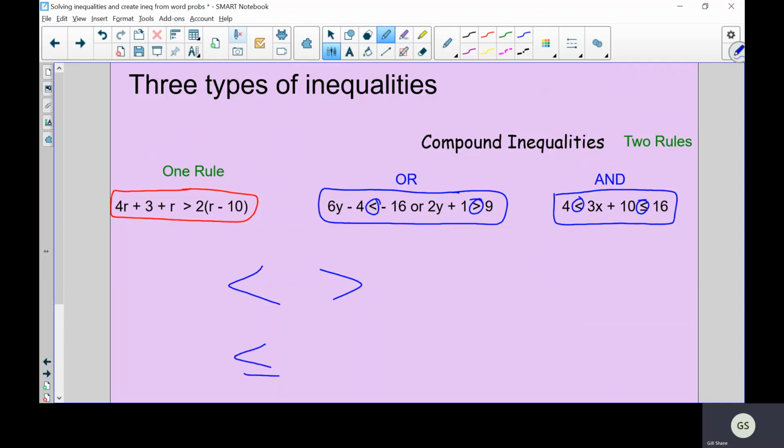So these are all inequality signs. That's the four different types. If you see two of those instead of just one, and it could be any two, it could be both of these, it could be this one twice, it doesn't matter, there's just going to be two of them. That is a compound inequality, until we get to one other lesson called a system of equations, or system of inequalities.